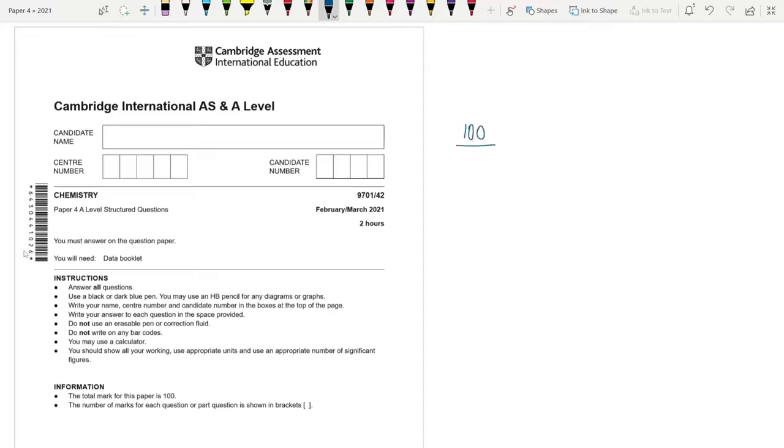Out of 100 marks, A was at 53, B was at 42, C was at 37, D was at 32, and E was at 25. So A star would have been at around, maybe 70 to 75, that range, because it was such a difficult paper, right? It's difficult when A is at 53. 50 is like half the total, right?